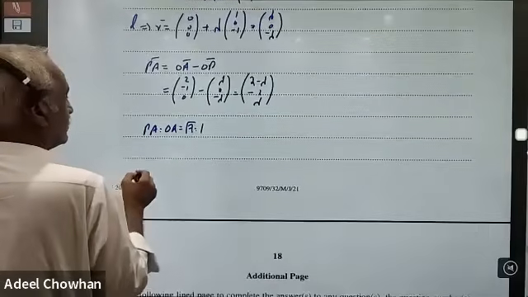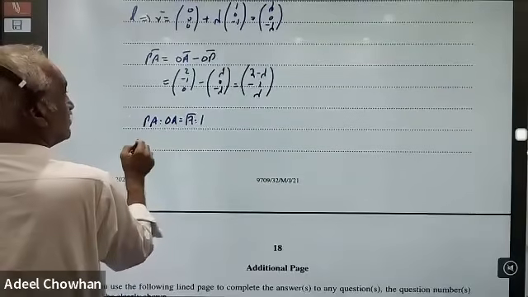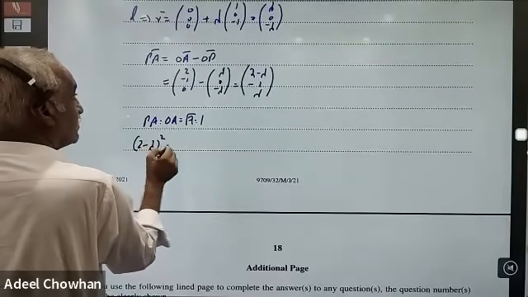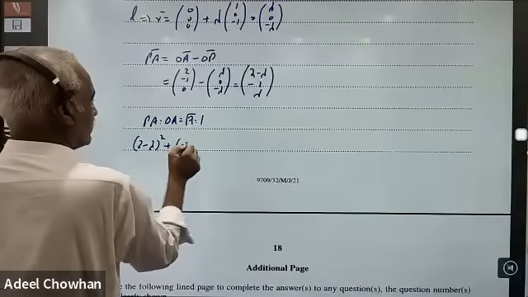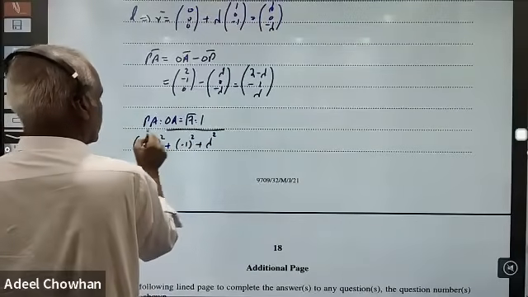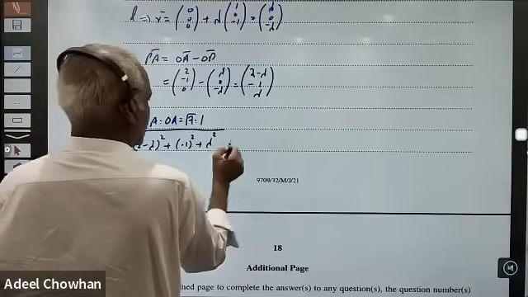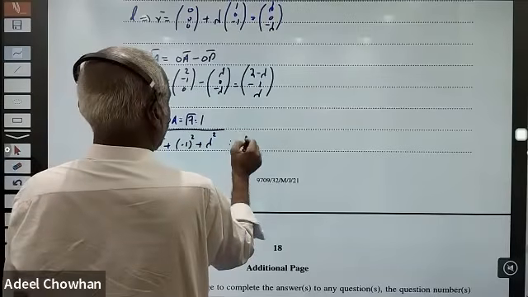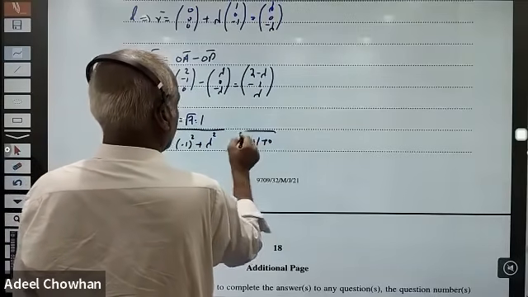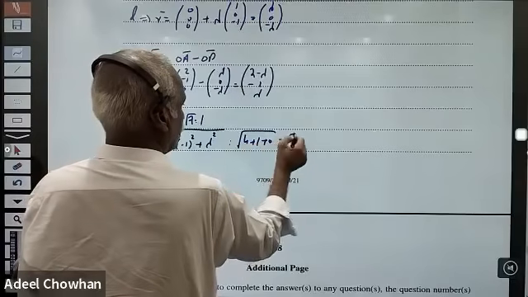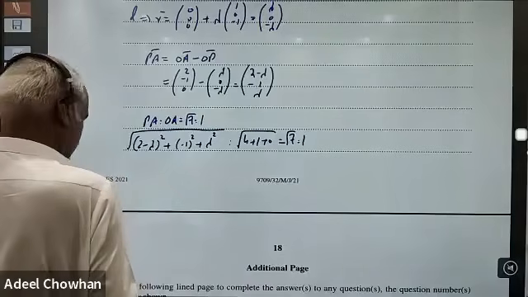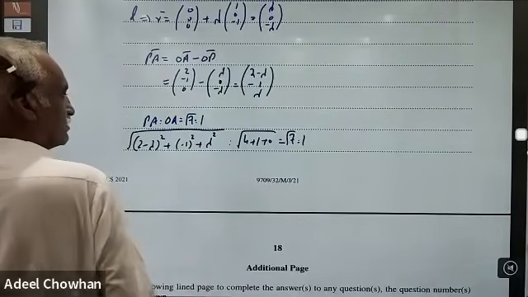So PA is the square root of (2 minus lambda) squared plus (-1) squared plus lambda squared, ratio OA, which is root of 4 plus 1 plus 0, is equal to root 7 ratio 1.